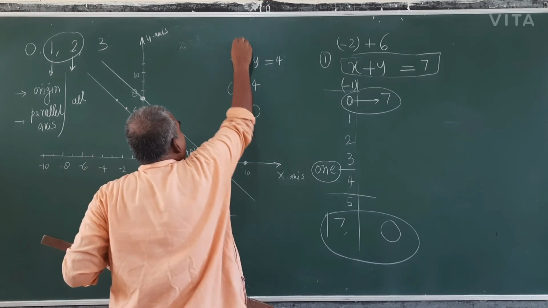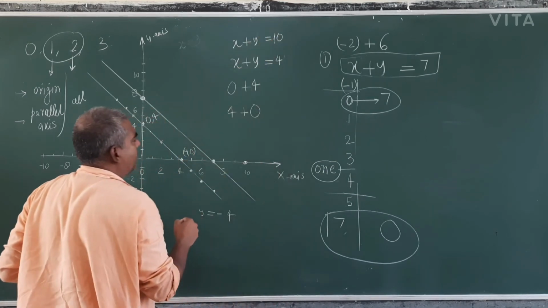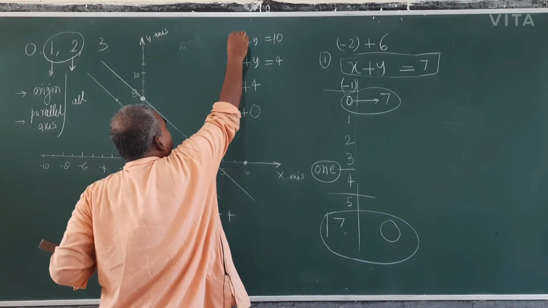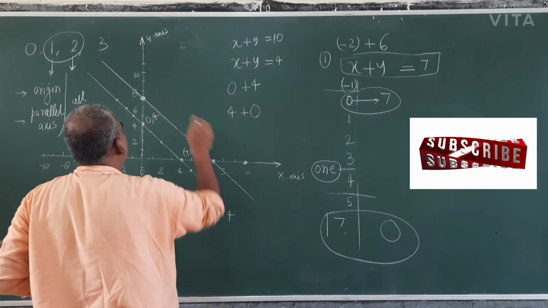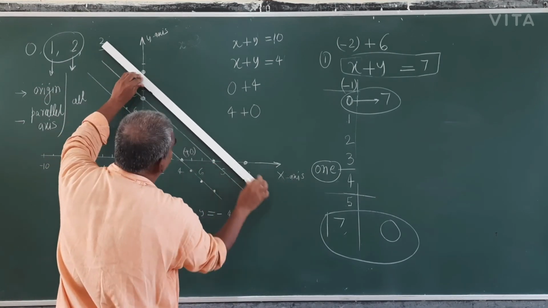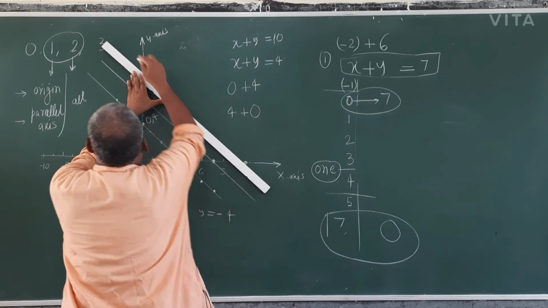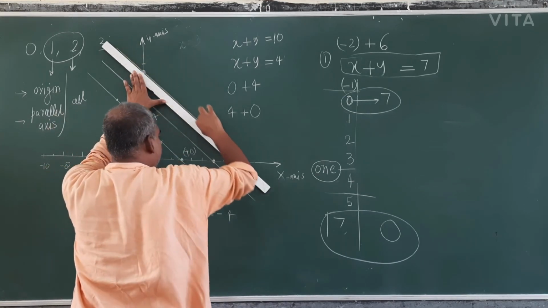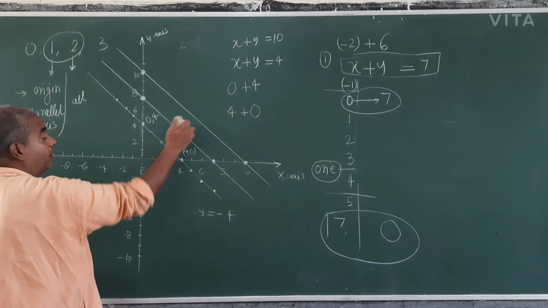Suppose I take x plus y is equal to 10, then one point is 0 comma 10 and the other is 10 comma 0. So when we draw this line, these are the three lines I have drawn.